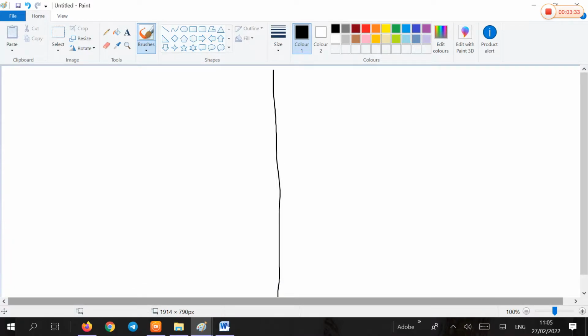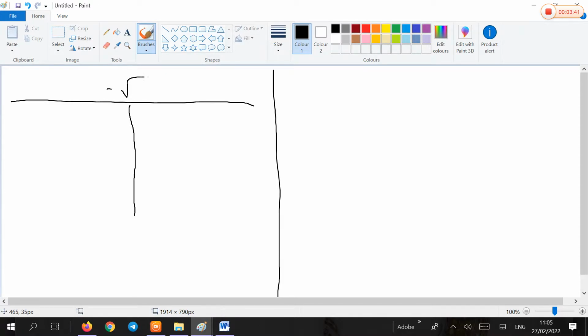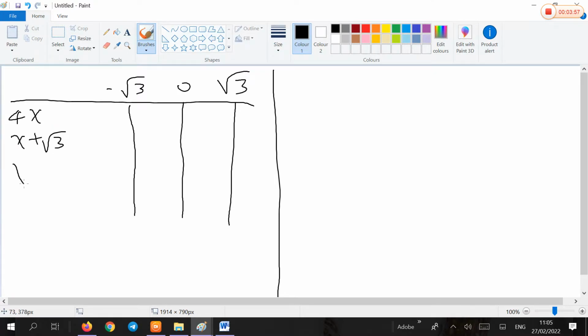So using the critical numbers, we can develop a sign chart. The critical numbers are minus square root of 3, 0, and square root of 3. And the factors of the first derivative are 4x, x plus square root of 3, and x minus square root of 3.